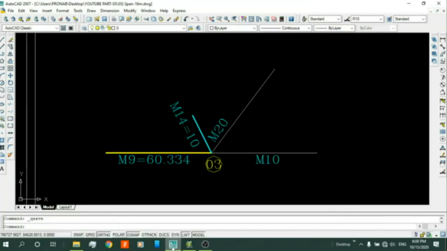Once again, we copied the joint number 3 with member number 9, 10, M14 and M20.